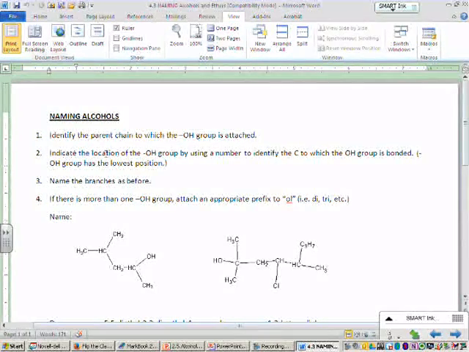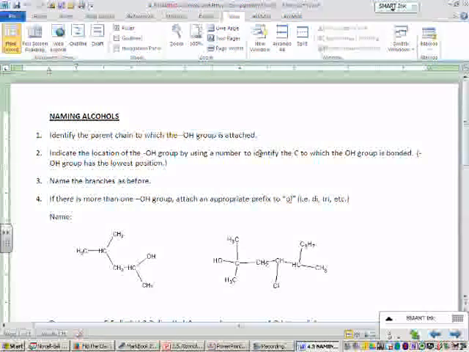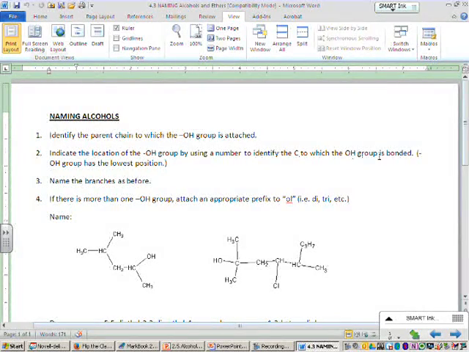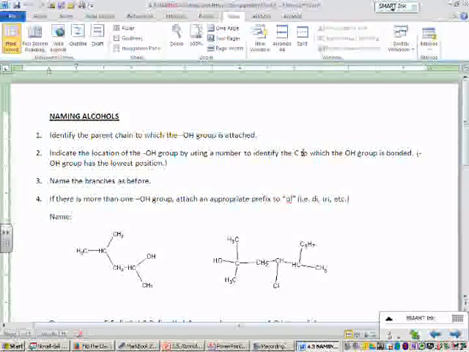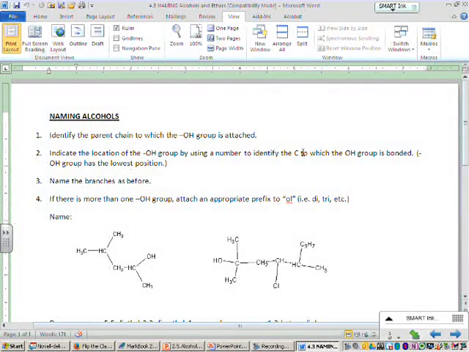Indicate the location of the OH group by using a number to identify which carbon the OH is bonded to, just like when we use the number to locate the double bond where we put the -ene. And because OH is the functional group, the OH will always get the lowest number. So the OH will now be connected to the main chain.